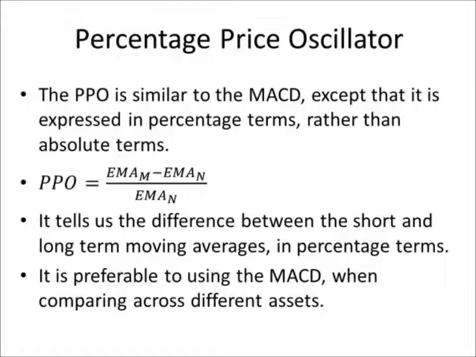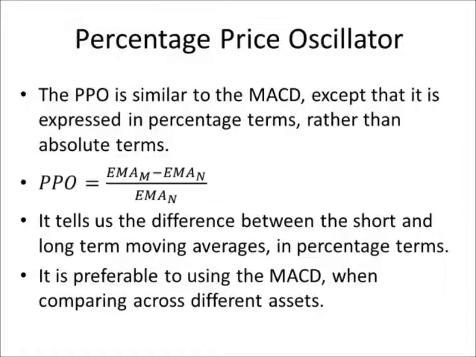So what this does is express the MACD in percentage terms. We're looking at how much the short moving average differs from the long moving average in percentage terms rather than absolute terms. The MACD line looks at just the absolute difference between the two moving averages. This will look at the difference in percentage terms.